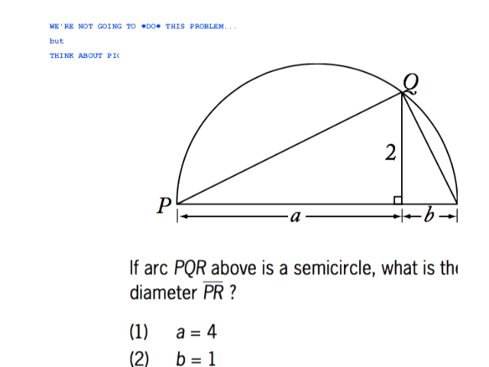Here's a problem that we're not going to do. We're not going to do the problem that's about to appear. But what I want you to do is think about picking C here. Just think about it. You'll see the problem in a second. It'll show up momentarily.